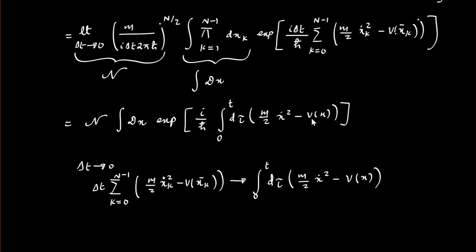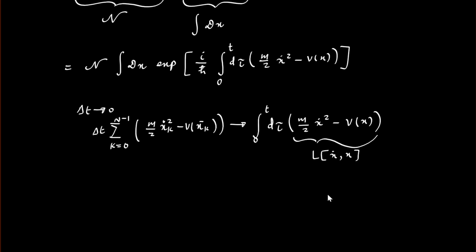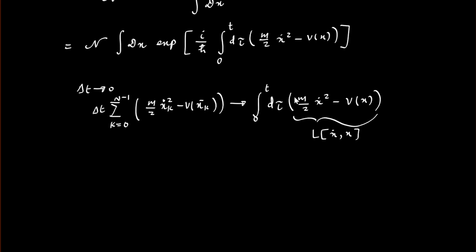Fine. And now you notice that this is nothing but our Lagrangian L. It is a function of x dot and x and probably time also. So now this expression is nothing but our action functional, or we can say that this is our classical action functional. So I can write this equation like this.